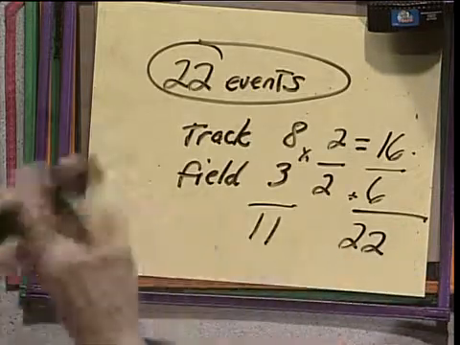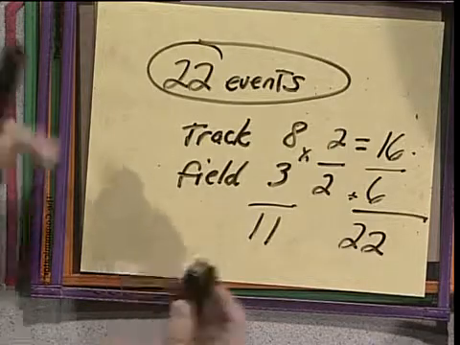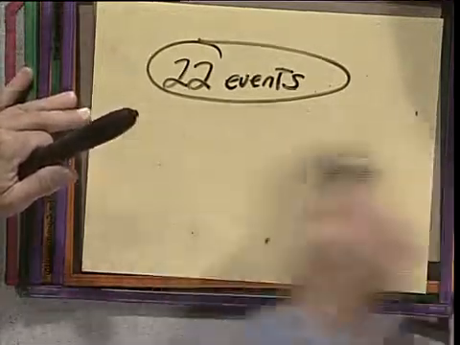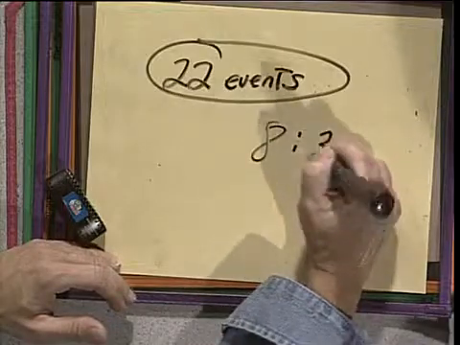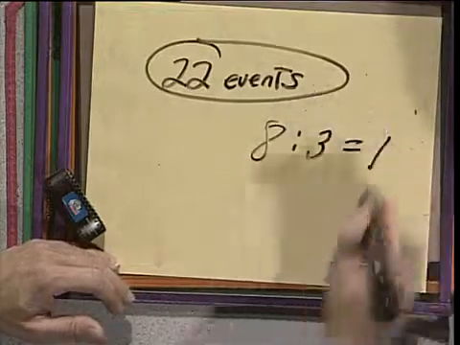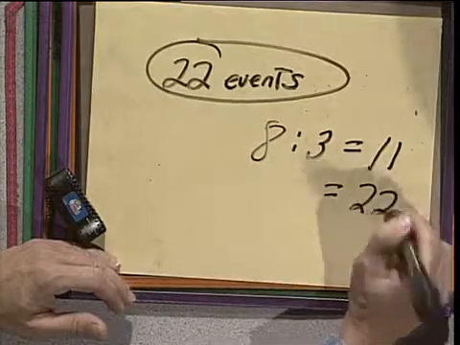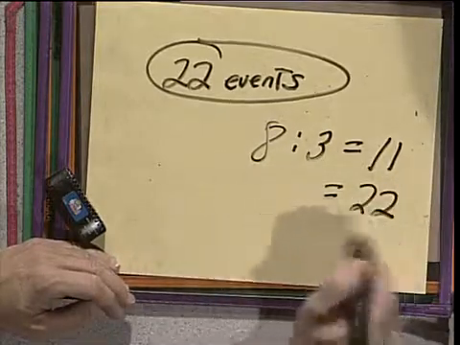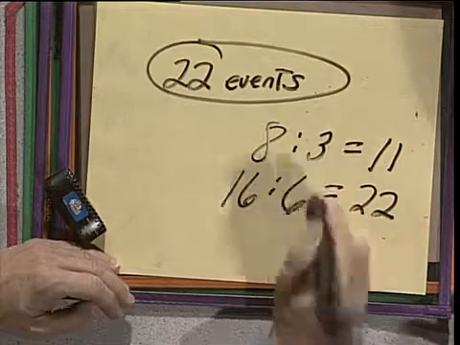So the ratio is keeping things evenly in proportion, okay? So 8 to 3, if we write 8 to 3 equals 11, that's the same as what to what equals 22. And we saw that we had to double them. So 8 doubled was 16, and 3 doubled was 6.